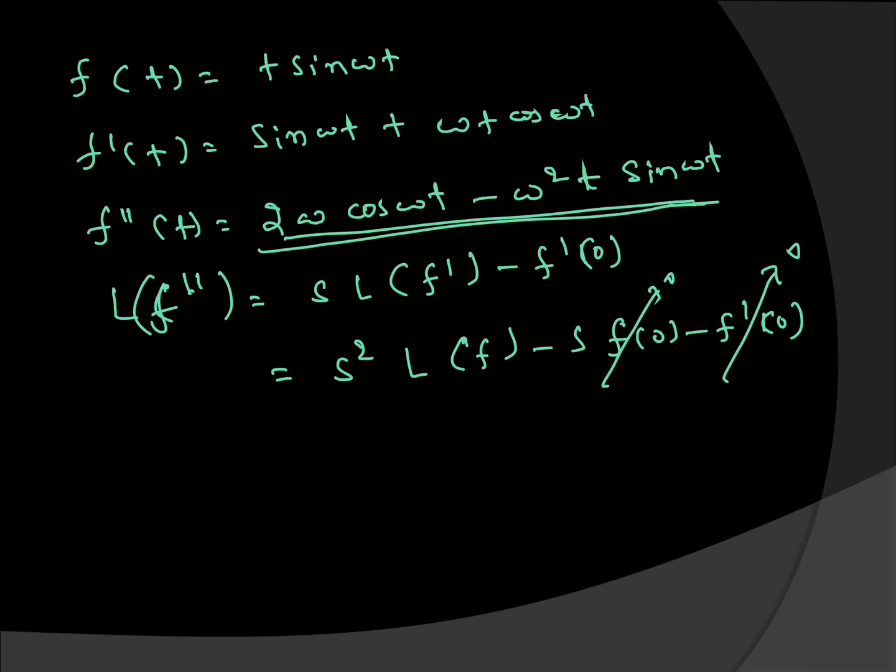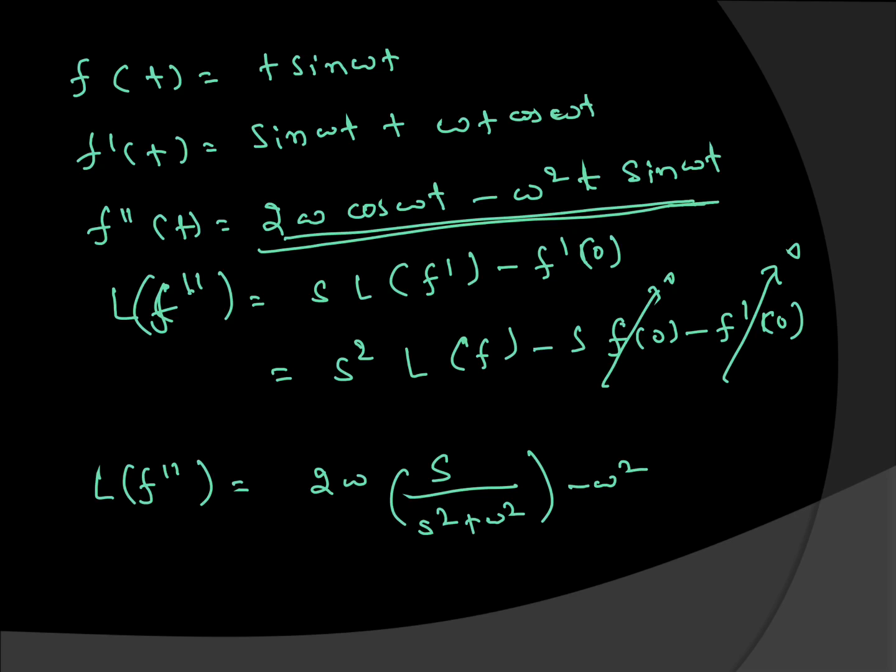again we will write, it's 2 omega, then cos omega t Laplace is s divided by s square plus omega square, then minus omega square into sin omega t. No need to write this one, we have to find this one.